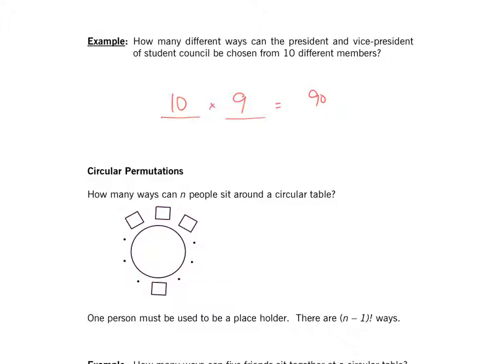You could also go 10P2, which is 10 factorial over 10 minus 2 factorial. So 10 factorial over 8 factorial, which would be 10 times 9 times 8 factorial over 8 factorial.